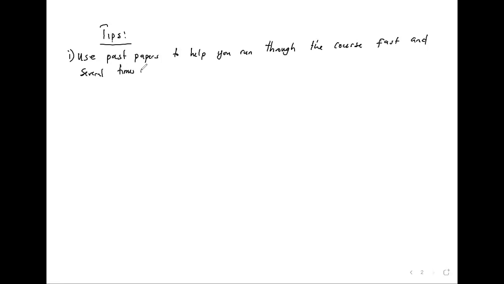Every time you have a past paper, you start from question 1 up to question 7, you have done the whole course. Another paper, you do the whole course, meaning you're revising the course several times.